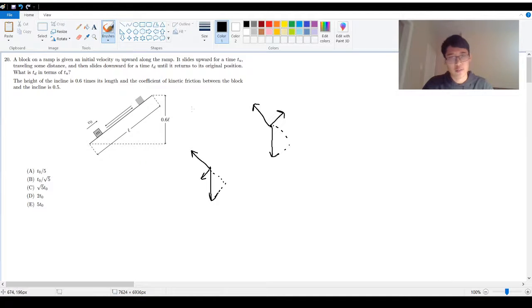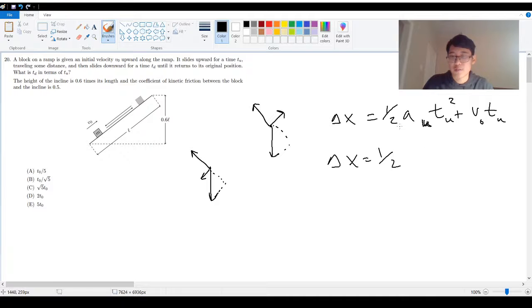So basically, the question comes down to these two kinematic equations. Delta x is equal to 1/2 a_u t_u squared plus v0 t_u, where a_u is the acceleration going up the ramp. Sorry, this is negative 1/2 a, right?